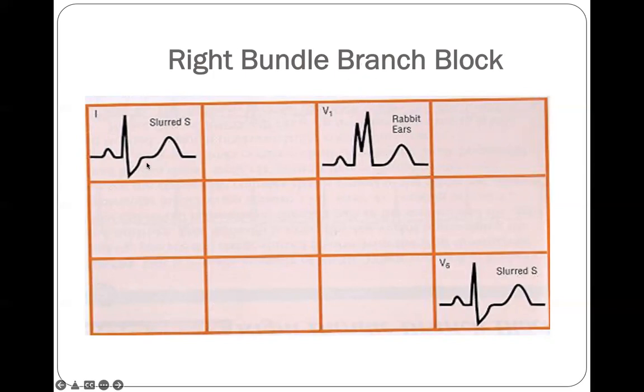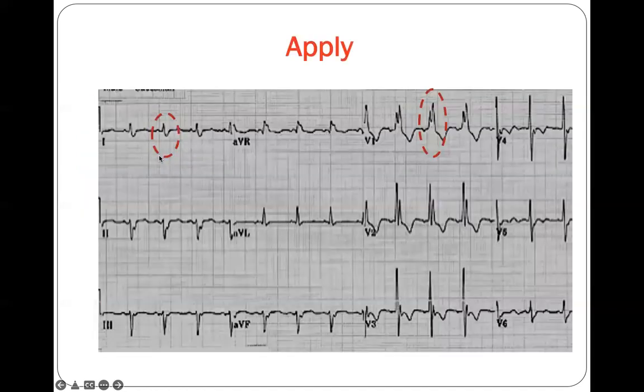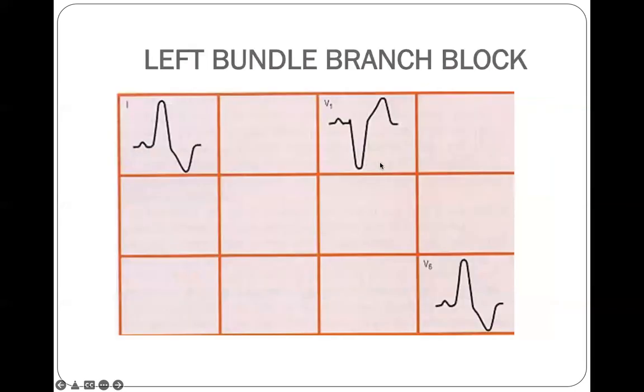And also you'll find a slurred S in lead 1. As you see in this ECG, in V1, there is an M-shaped QRS complex, RSR prime. And when you look at lead 1 to confirm, you'll find a slurred S, a curved S. So this is the right bundle branch block.